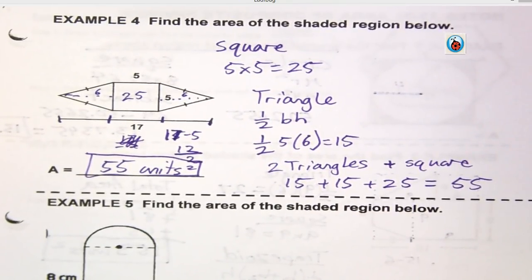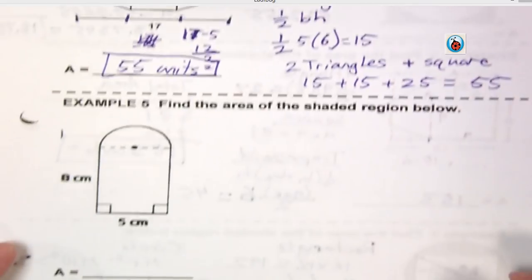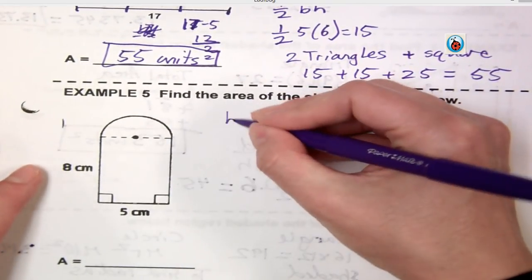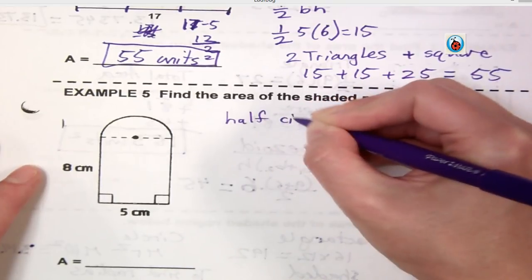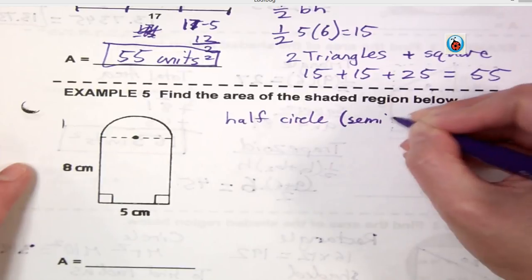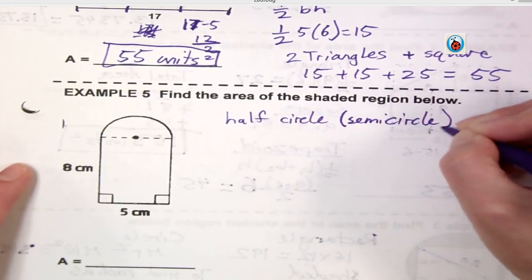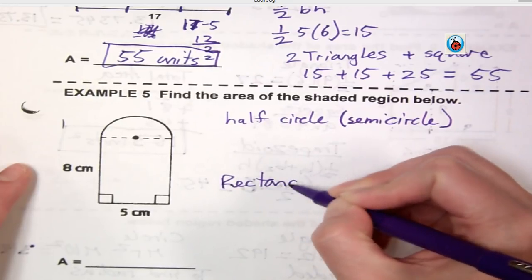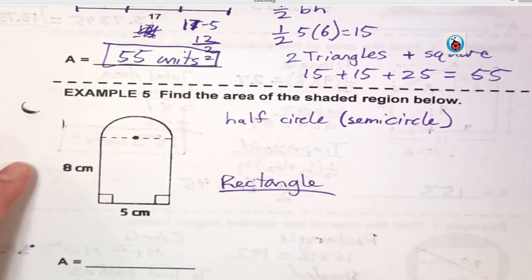Alright, one last example. This one, we have half a circle. Those are also called a semicircle. And we have a rectangle. So let's do a rectangle first.